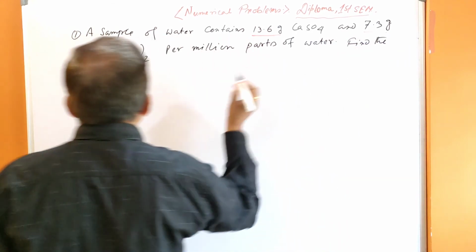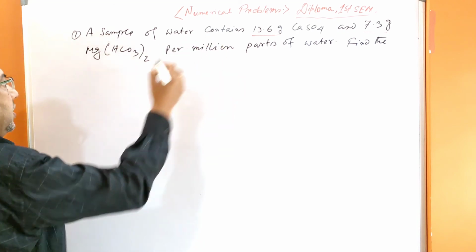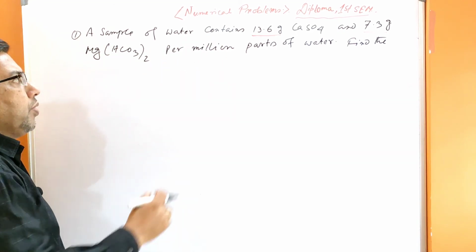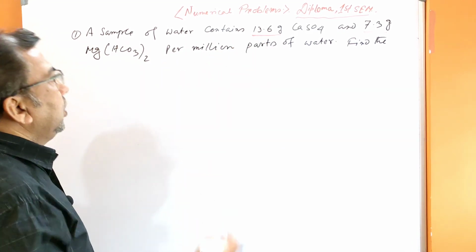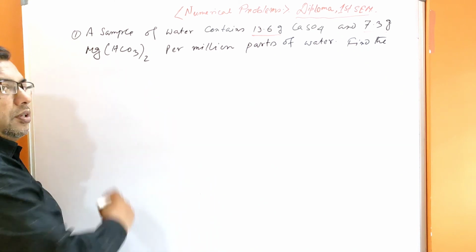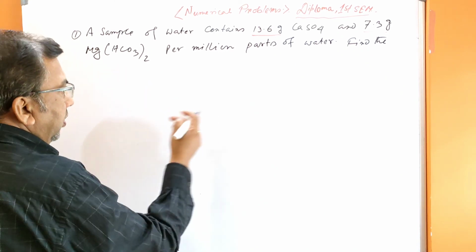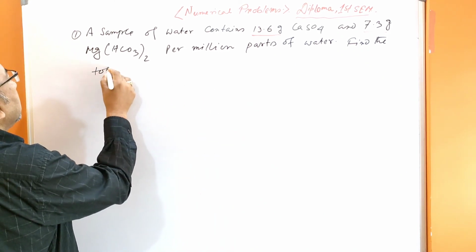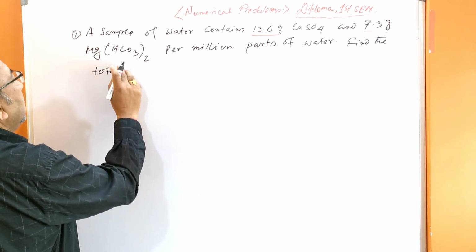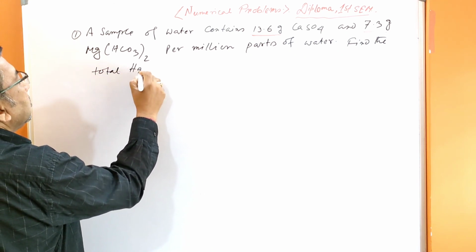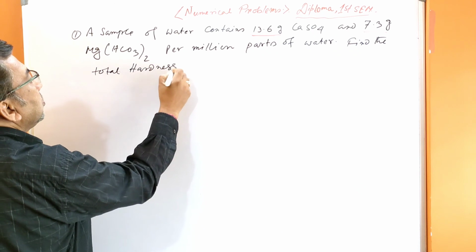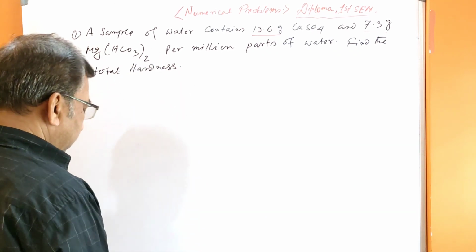The hardness of water means you have to find out the total hardness, because in this case calcium sulfate gives permanent hardness and magnesium bicarbonate gives temporary hardness. So find the total hardness of the sample of water.